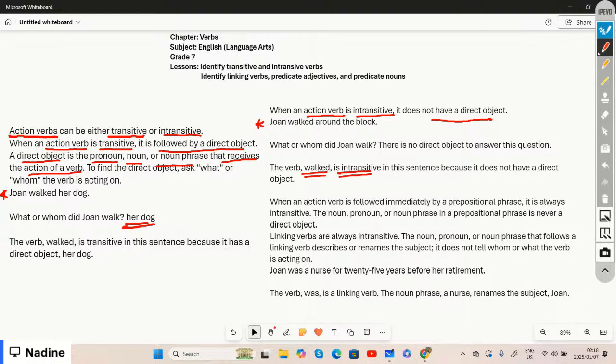If we look at an example, we say, Joan was a nurse for 25 years before her retirement. Once again, Joan was a nurse for 25 years before her retirement.